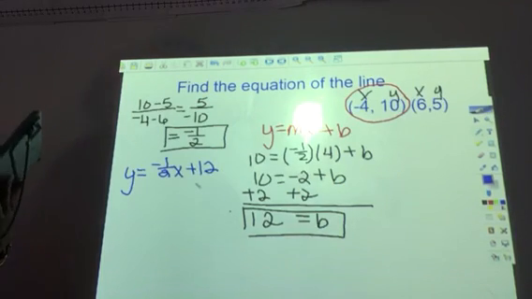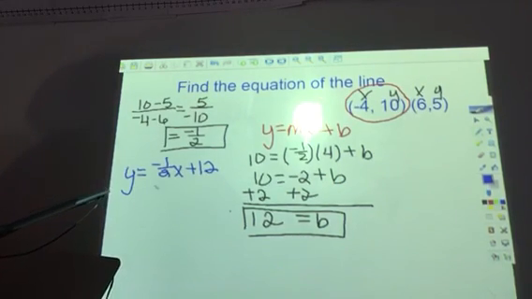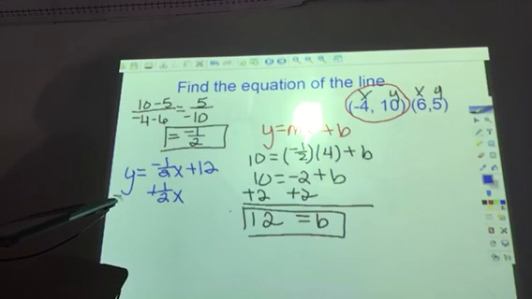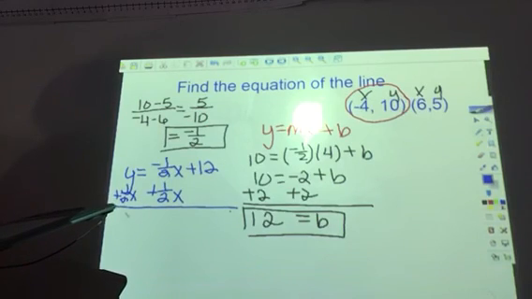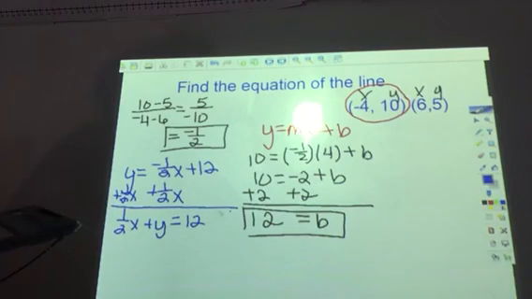Okay, if I wanted to put this in standard form, I would need to add 1/2 x to both sides. This is going to be 1/2 x plus y is equal to 12. Okay, I cannot have any fractions, so here again I need to multiply all of the terms by 2.